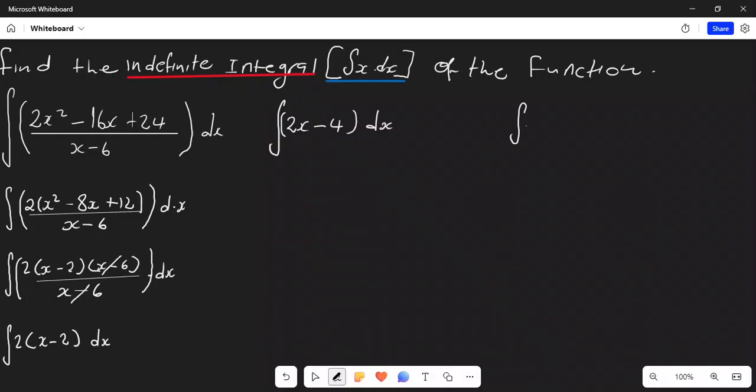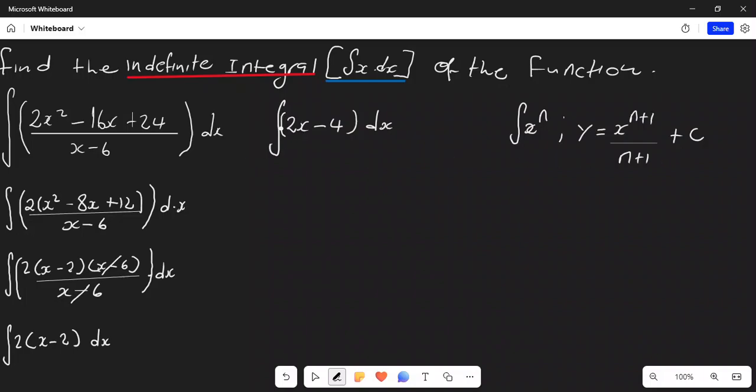When you have the integral of x to the power of n, the integral here is going to be y equals x to the power of n plus 1 divided by n plus 1, and then plus c. Remember guys, these are indefinite integrals, so whenever we're doing indefinite integrals, we must add c for constant.